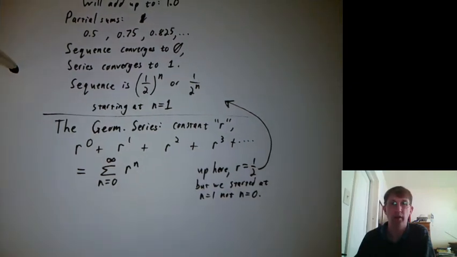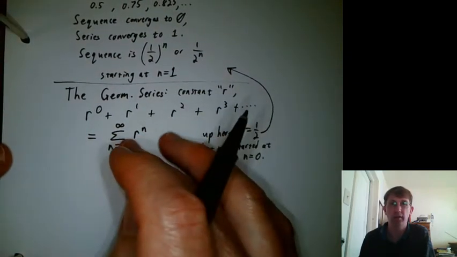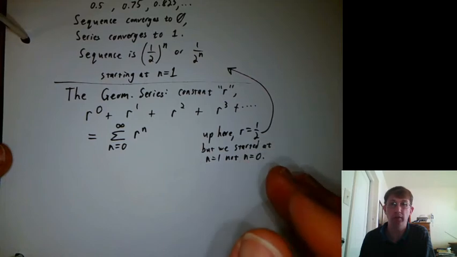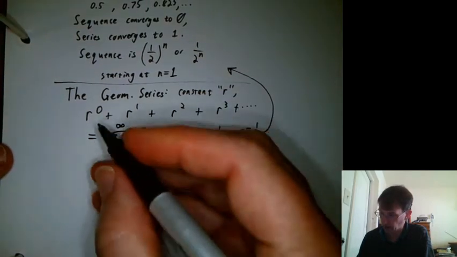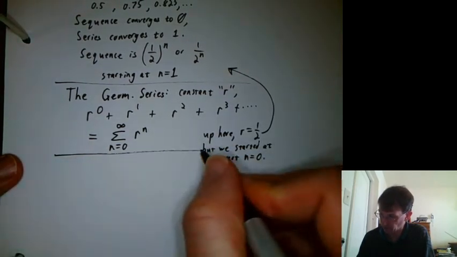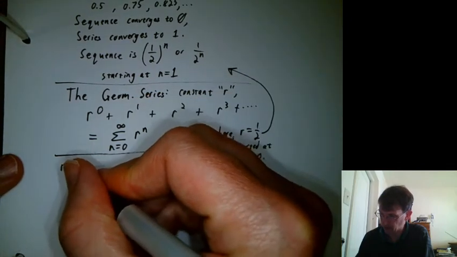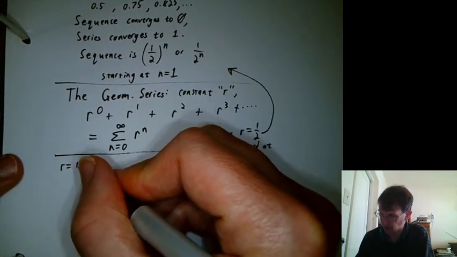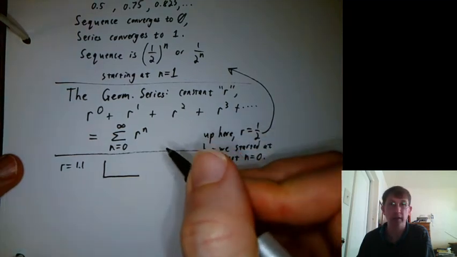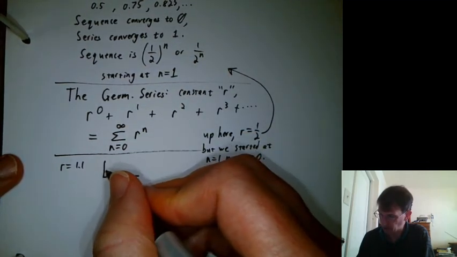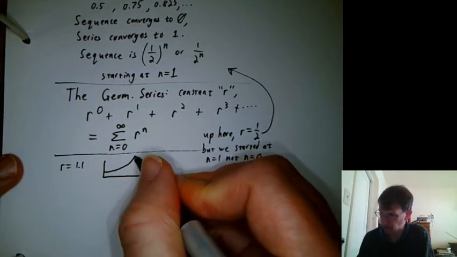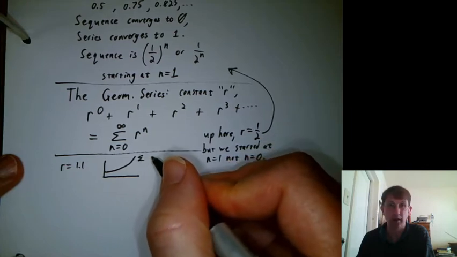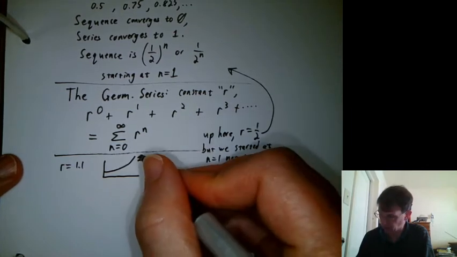Let's think real quick, how does the geometric series behave? What do the partial sums do for different values of r? So let's say at r equals 1.1, I think we did this on the Excel sheet, the partial sums grow exponentially. So that's our partial sums, s sub n.